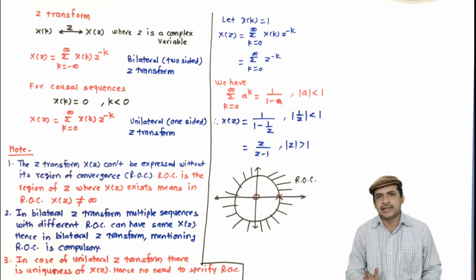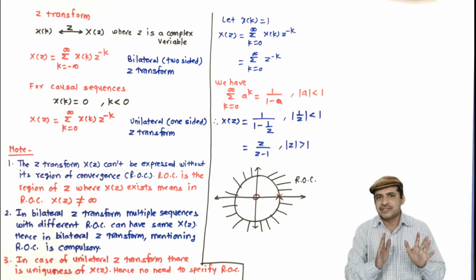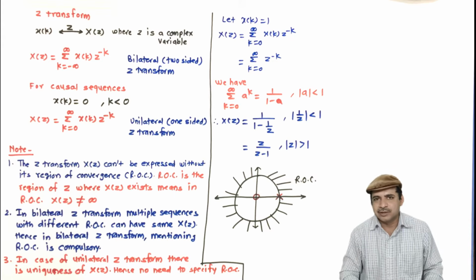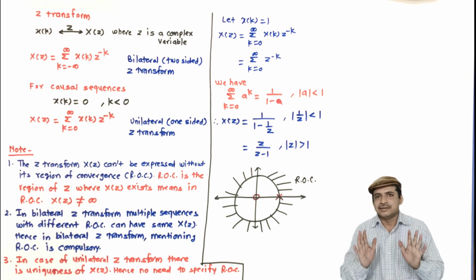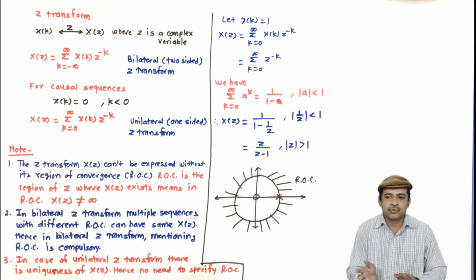So in any case, whenever the ROC is not mentioned or it is mentioned as outside the outermost pole, you have to take it as the unilateral z transform. So whatever x(k) you get, by default it is for k greater than or equal to 0 and its value is 0 for k less than 0.